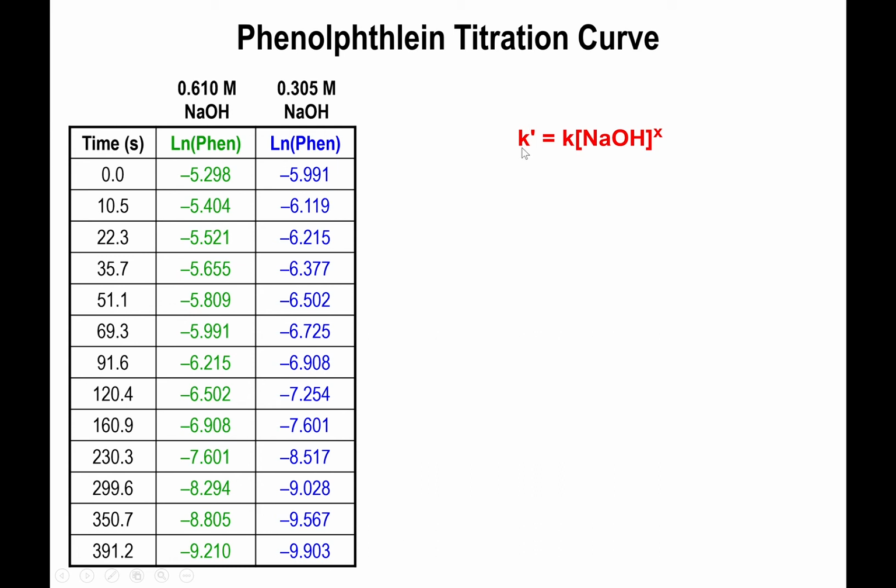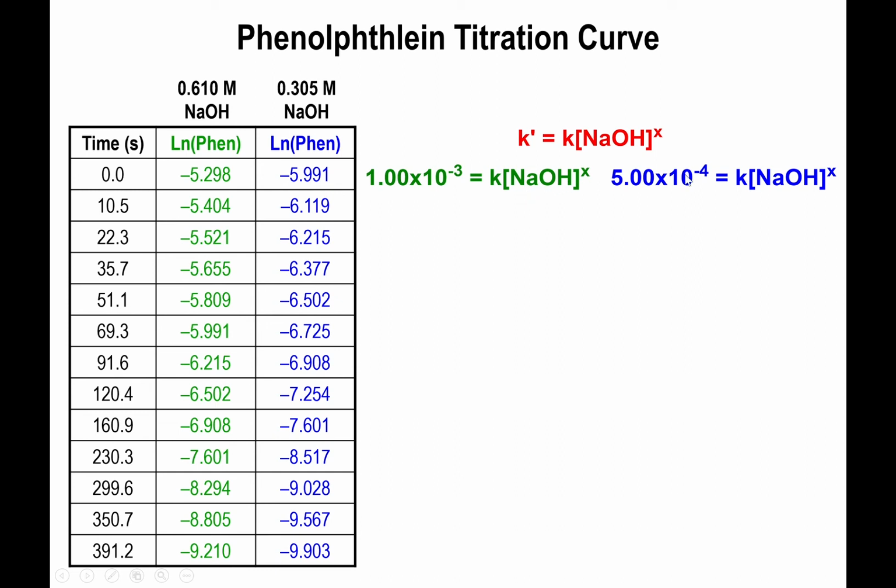To figure out what that is, what we're going to do is account for the fact that the pseudo rate constant is actually the true rate constant times the hydroxide concentration raised to some power. And to find out what the value of this power is, all you do is take your two values for the pseudo rate constants, which have to equal the true rate constant times the concentration of hydroxide raised to the power of x.